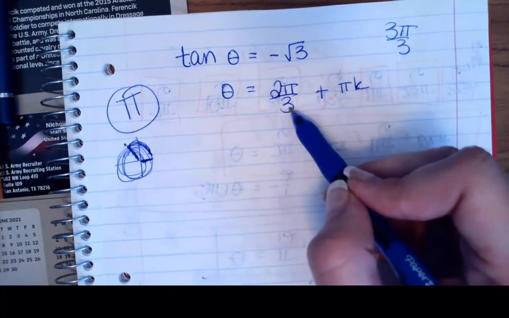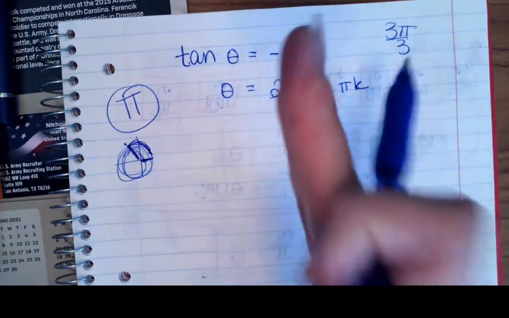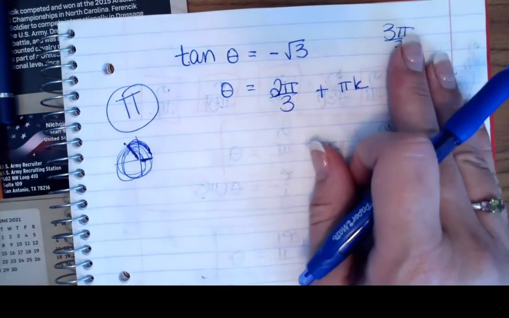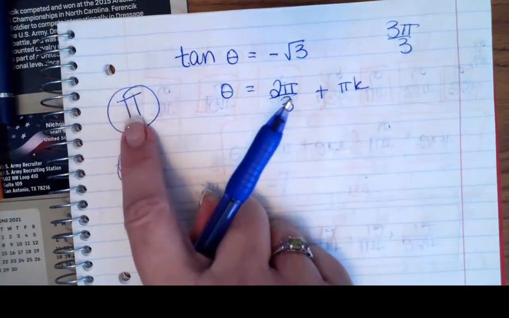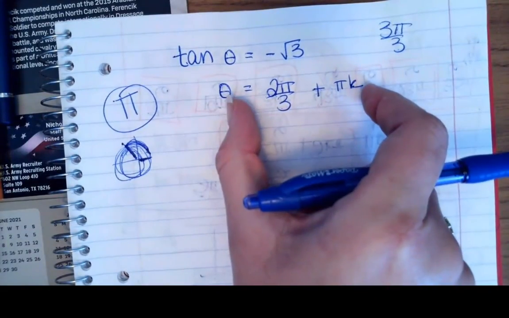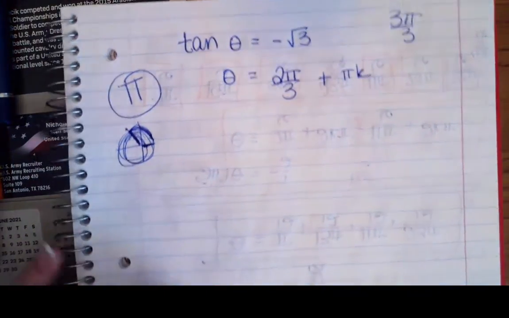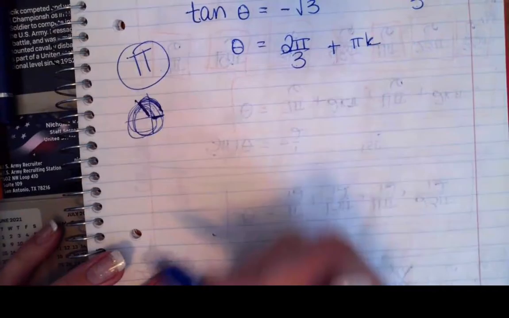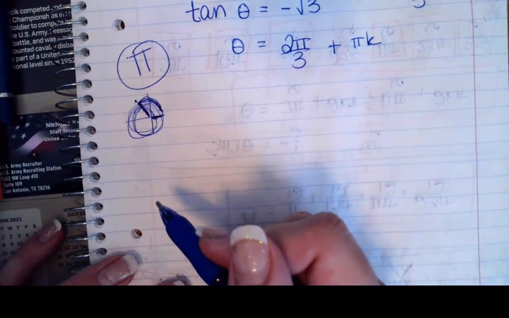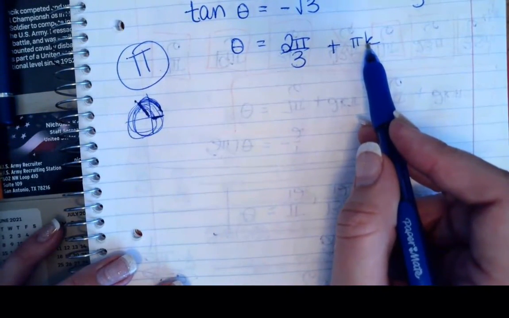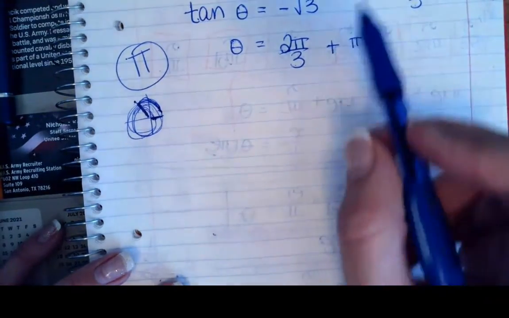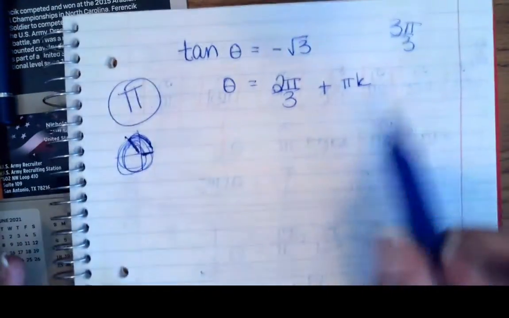So if I do 2 pi over 3 plus 3 pi over 3, I get 5 pi over 3. I'm still in one lap of the unit circle. Okay, but because the period's pi, I just need to represent it once. So now we want to know the first 6 representations, with k being my integer multiples starting at 0. So I'm just going to add multiples of 3 pi over 3.